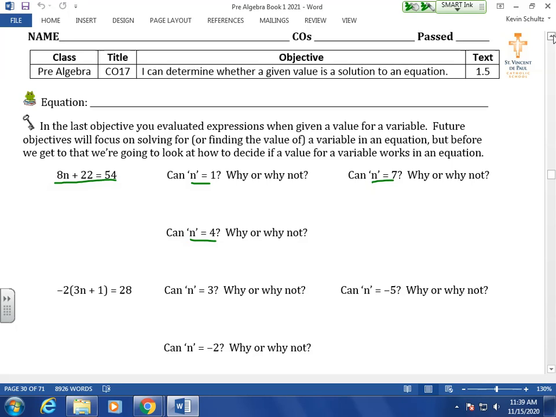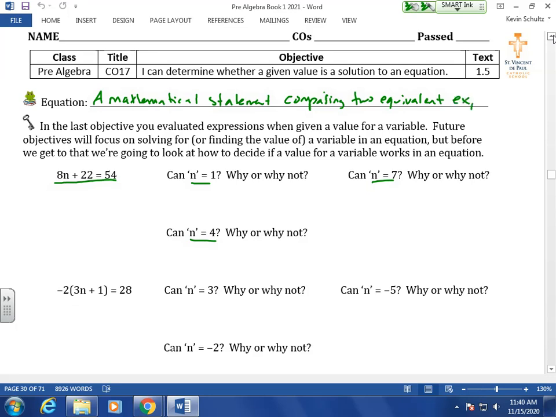So we defined expression a few objectives ago, I think PO15, and we defined an expression as a mathematical statement. An equation is also a mathematical statement, comparing two equivalent expressions. I dotted the R instead of the I there.